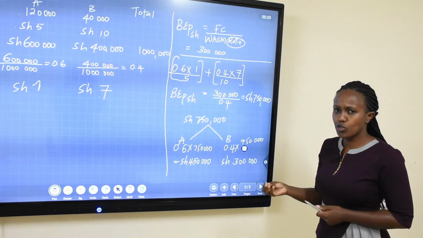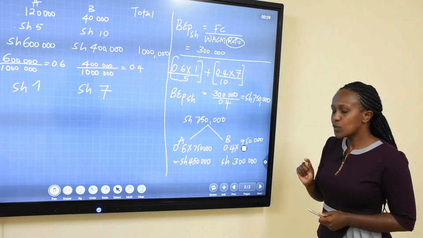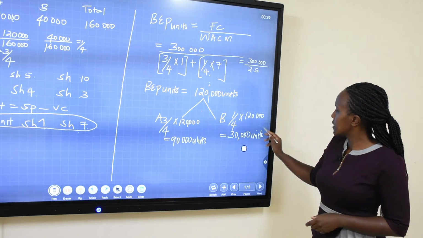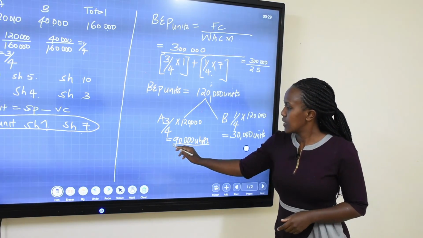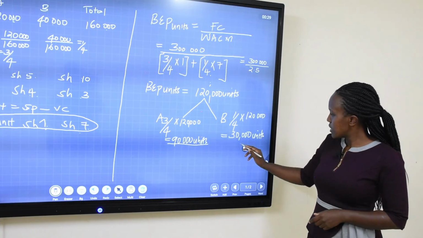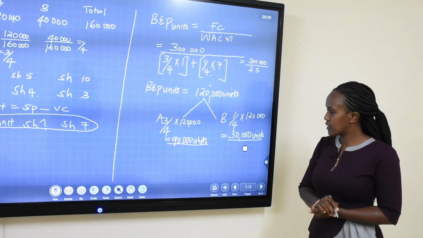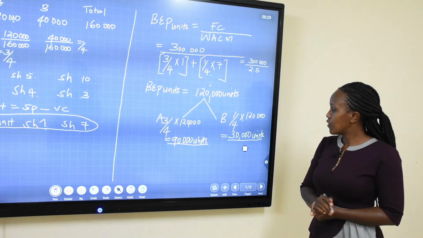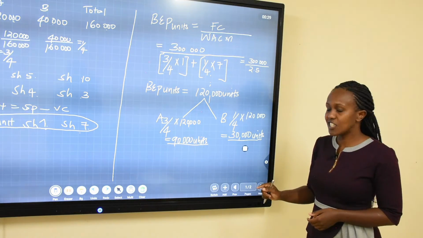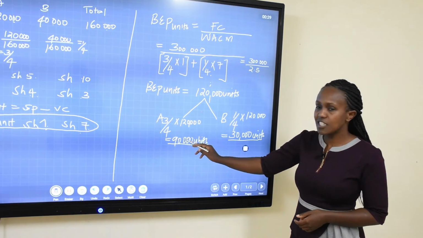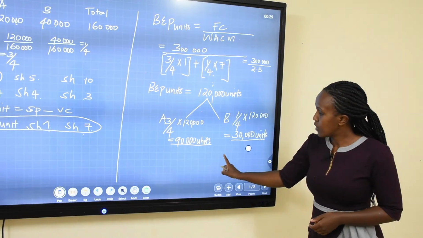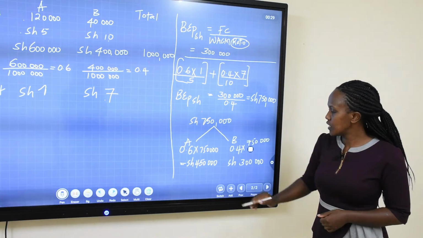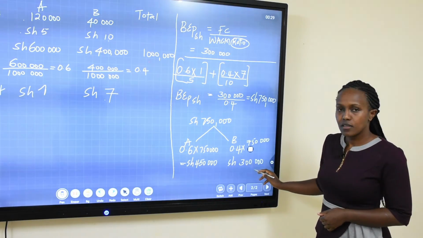Now there's something I would like to show you here. From what we had in the first slide, looking at this, the BEP for A in units as 90,000 and the BEP for B in units as 30,000. These were the BEP in units. I want also to look at the BEP in shillings, which is 450,000 and 300,000.